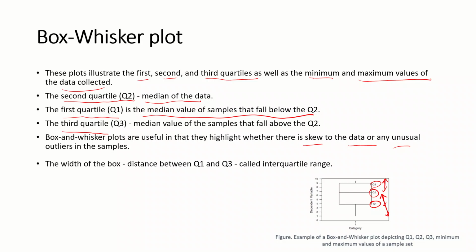Unusual outliers means some data that is not expected, or does not match the whole data set. The width of the box, the distance between Q1 and Q3, is called the interquartile range.